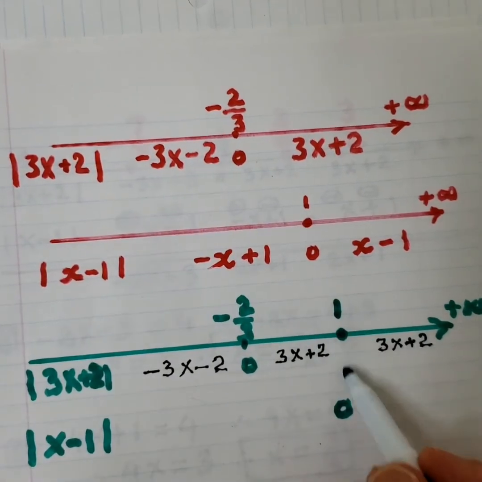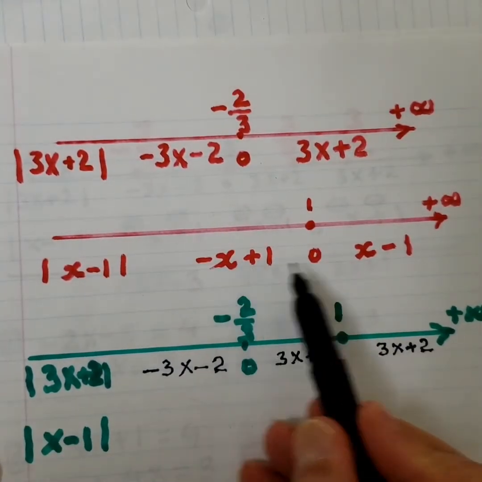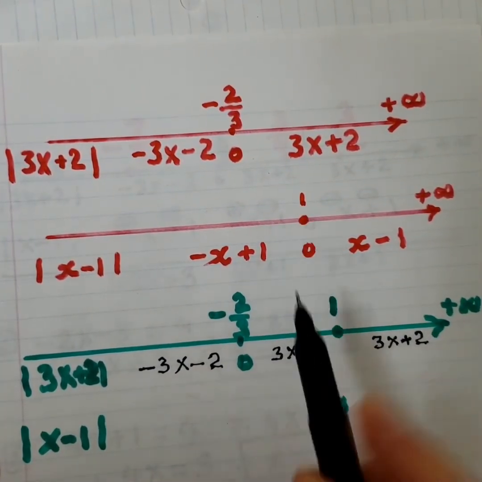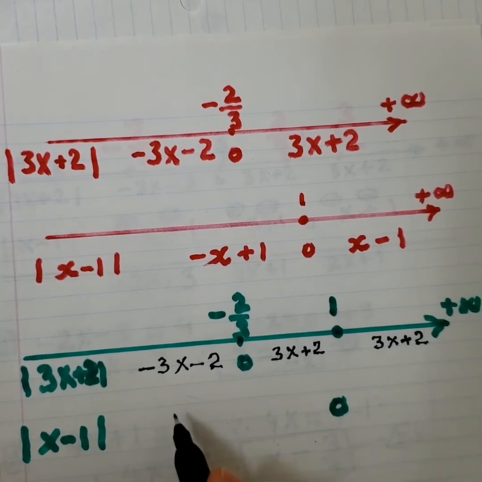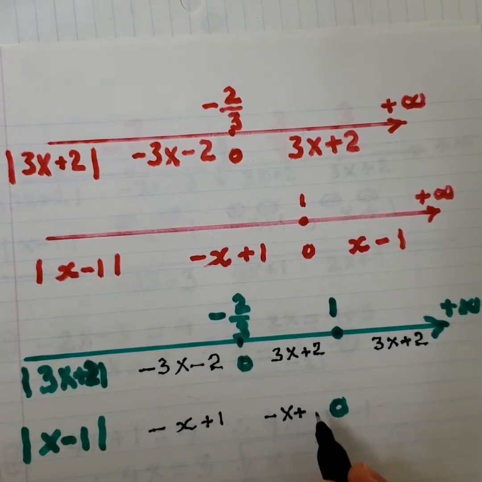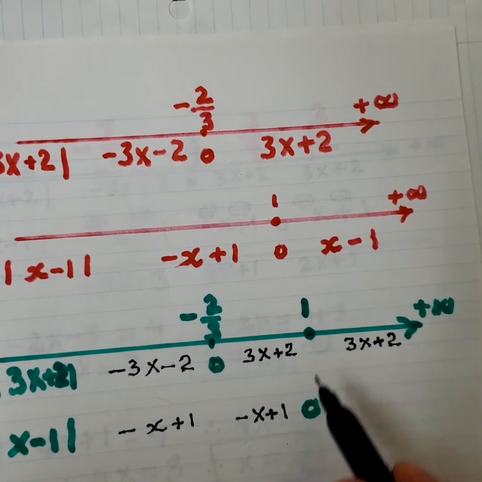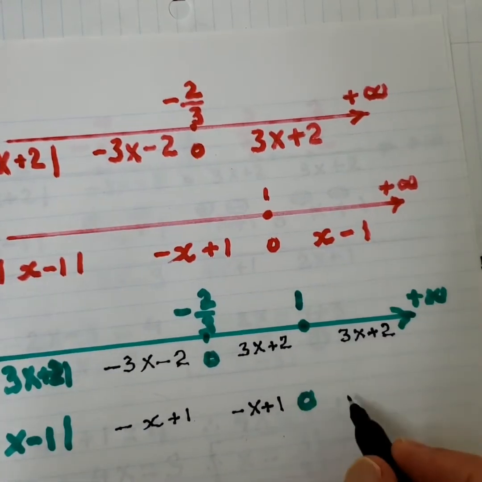This also has two rules. The rule before 1, on this side, we write minus x plus 1, without change. After the 0, it changes into x minus 1.